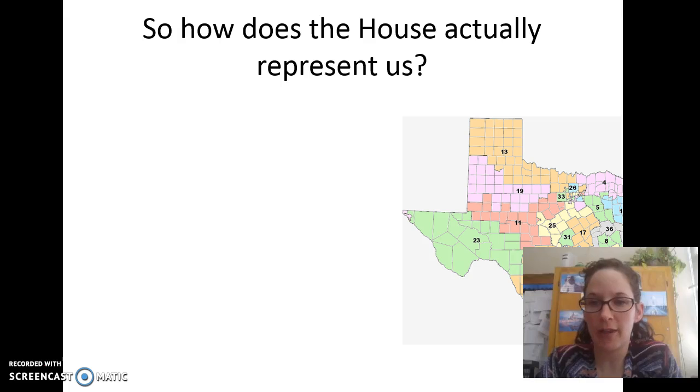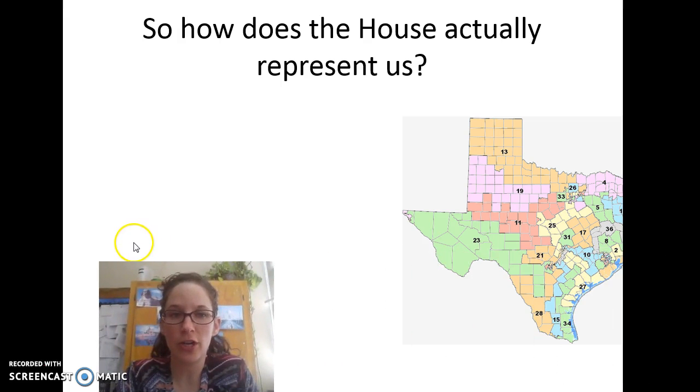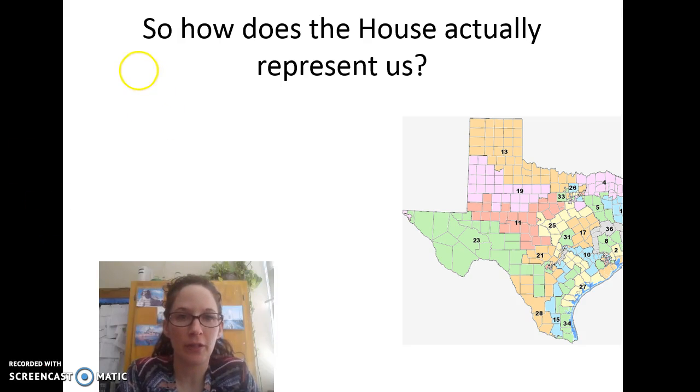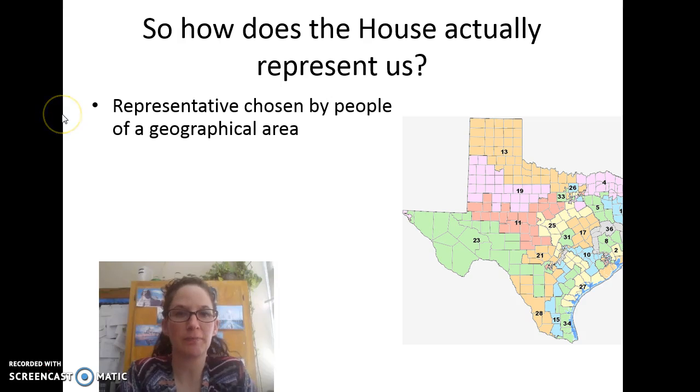So here you have a map of Texas, and those are our districts. You'll notice they're of varying shapes and sizes, and that reflects the population distribution. Looking out in West Texas, number 23, that's a huge district because there aren't many people in it. So it covers a lot of land space because of the lack of dense populations there.